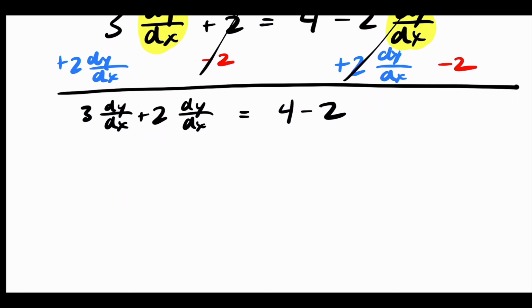Well, 4 minus 2 is just 2. Both of these guys have a dy dx. Factor out a dy dx. That leaves a 3 plus 2.